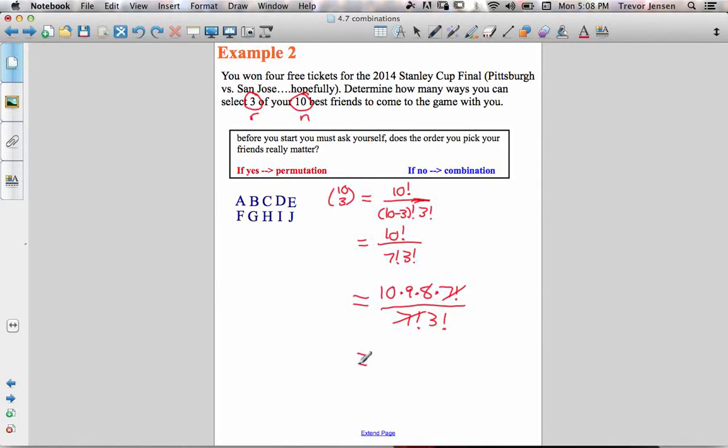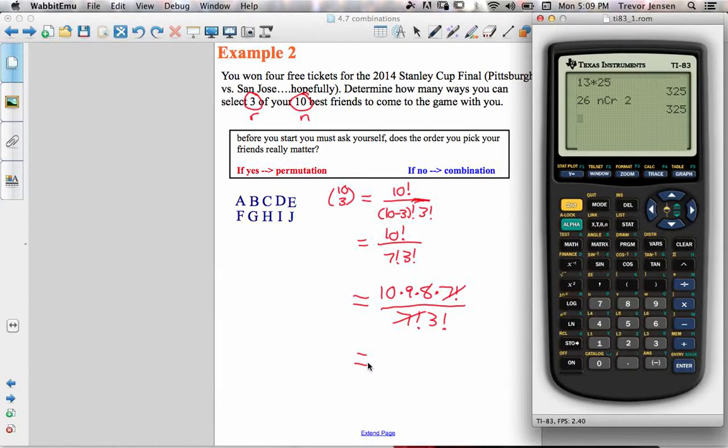And then if we were to evaluate that, 720 divided by 6, so we can do it on our calculator, 10 times 9 times 8, and divide by 3 factorial, and 3 factorial is 6. And I get 120. You can also type it on your calculator, the shortcut.